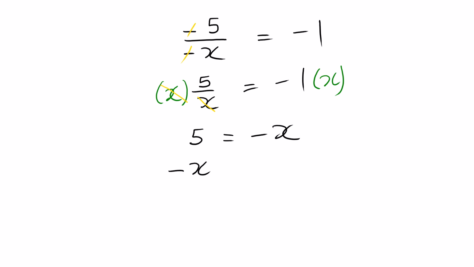So basically we have negative x is equal to 5. Now how do you remove the negative? Remember we are solving for a positive variable. X shouldn't be negative. So we divide both sides by negative 1. Then this will result into 1 multiplied by x, it's x is equal to negative 5.